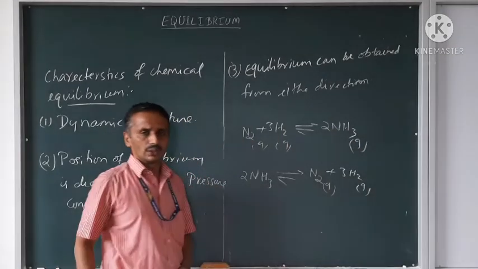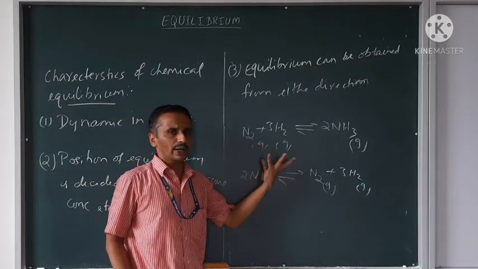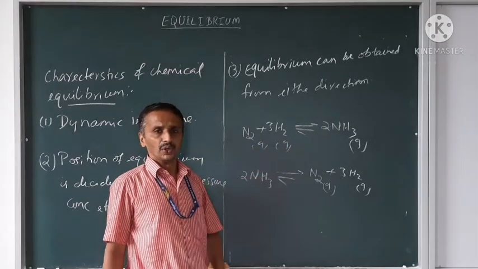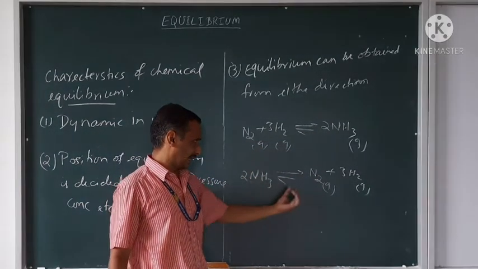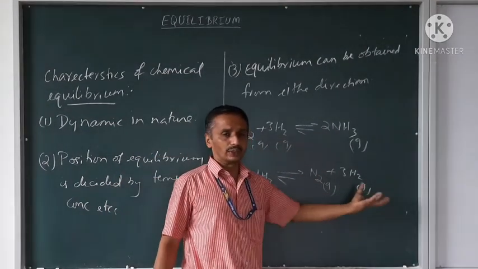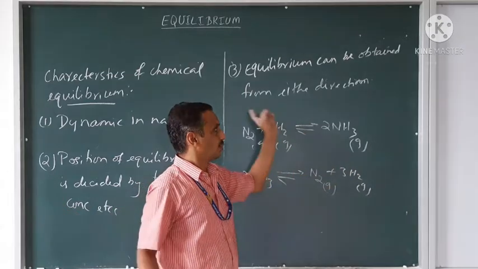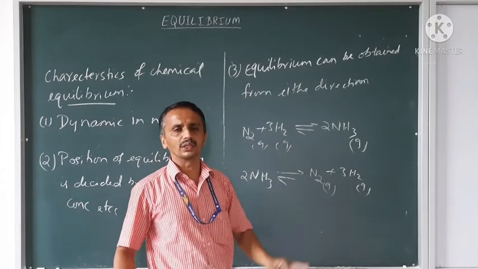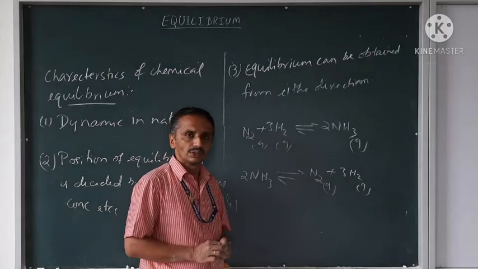So there is no rule that only nitrogen and hydrogen should be taken to attain the equilibrium with the ammonia. You can take ammonia, then again I can get the equilibrium between nitrogen and hydrogen. Whether you do the reaction in this direction or this direction, I can get the equilibrium.